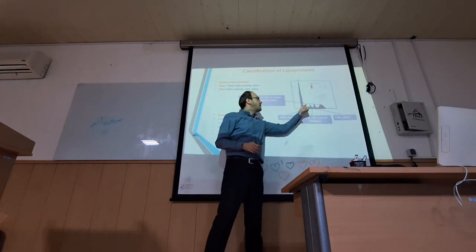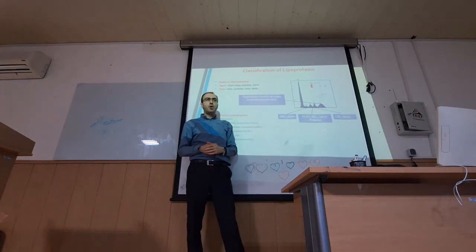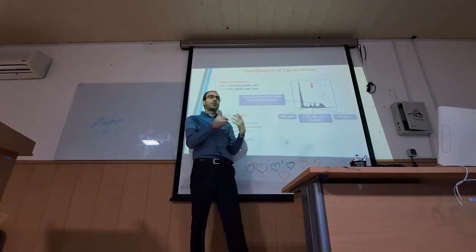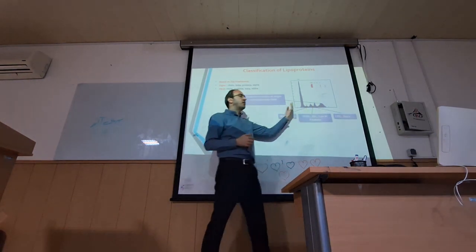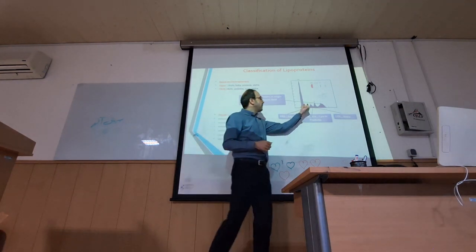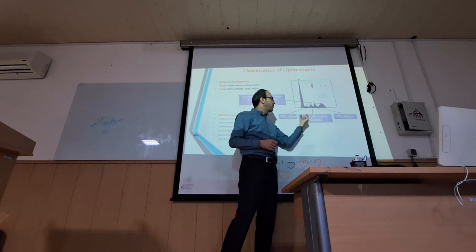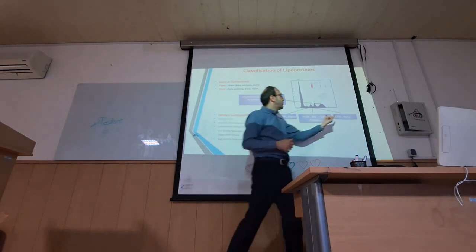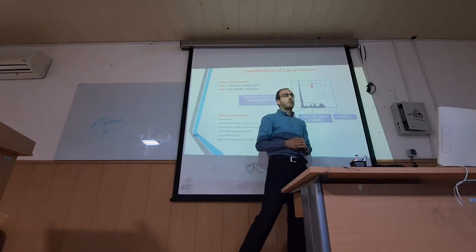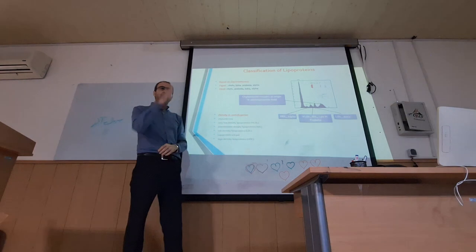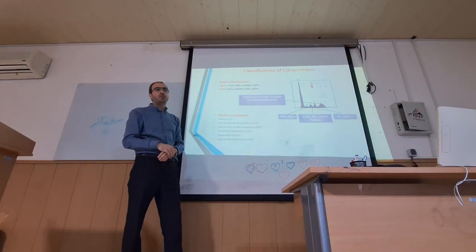HDL is in the alpha protein. Why? Because it contains more protein and actually has more movement. So after HDL, we have VLDL in pre-beta, and also we have LDL in beta. Chylomicrons cannot move. They remain at the origin.